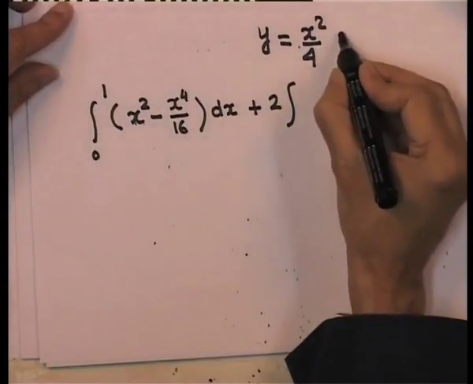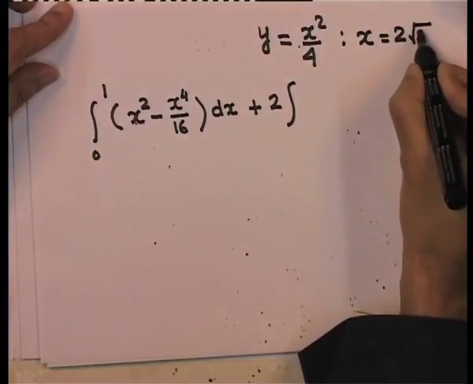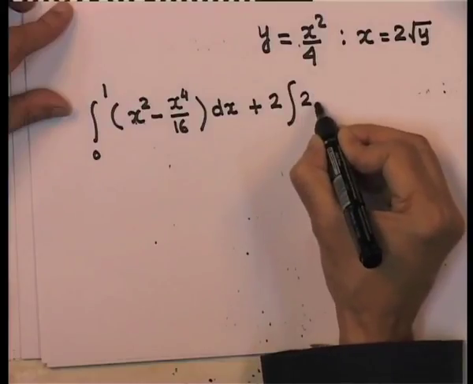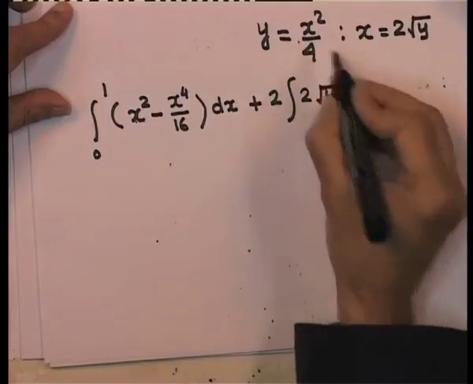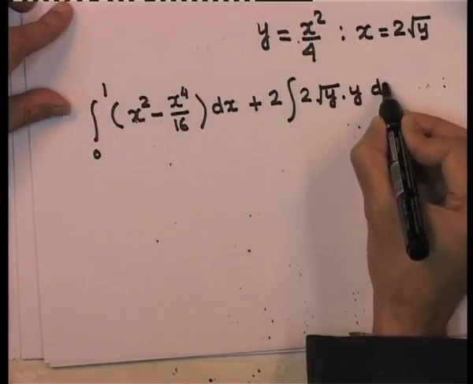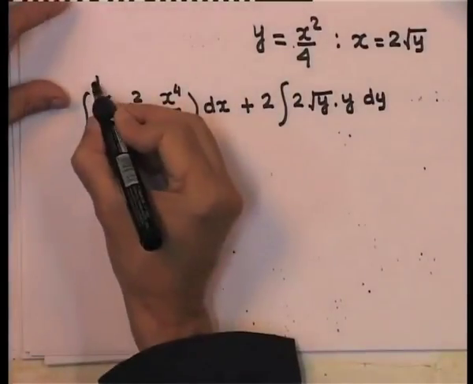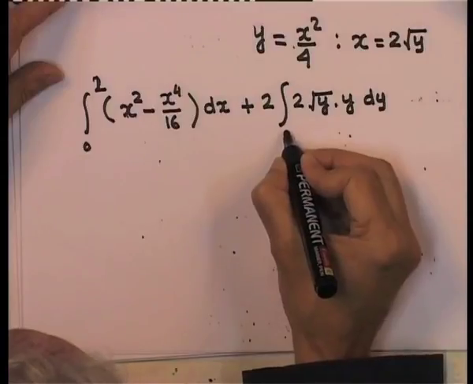Now, x is 2 root y. So, I have got 2 times 2 square root of 2 root y, and I had already a y there dy, and limits are once again the x limits are from 0 to 2 and the y limits are from 0 to 1.